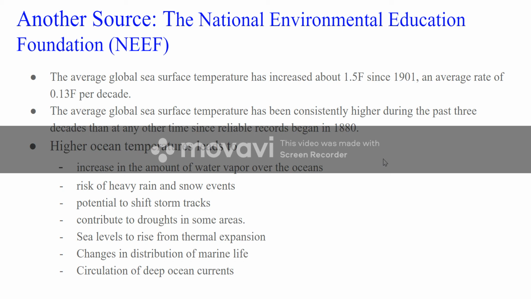The potential to shift storm tracks, which I'm assuming could be the shifts in current because there's changes in density from an increase of heat, basically. It also contributes to droughts in some areas, so it's not always flooding. And sea levels can rise from thermal expansion, changes in distribution of marine life, and circulation of deep ocean currents.